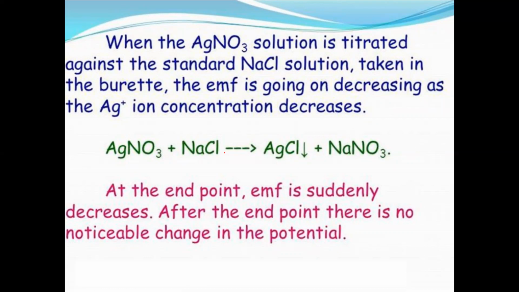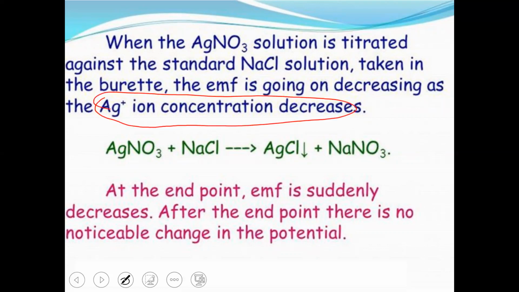This is because of the decreasing silver ion concentration. While adding the NaCl to the silver nitrate solution, the availability of the silver ions gradually decreases. Because of that, the EMF values gradually decrease.